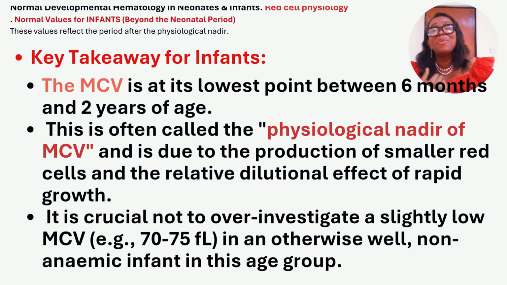It is very, very important not to over-investigate a slightly lower MCV, that is MCV between 70 to 75 femtoliter, in an otherwise well non-anemic infant that is within this age group.